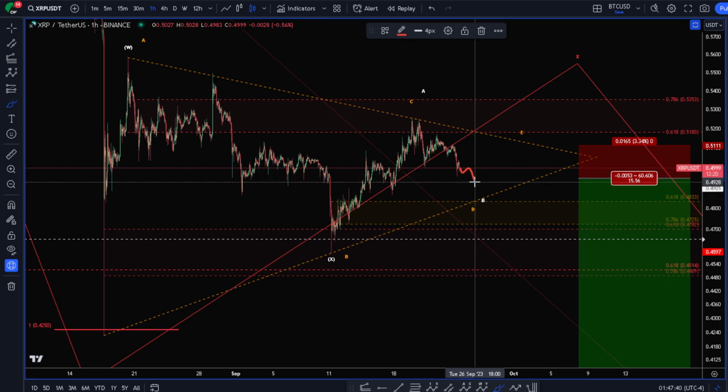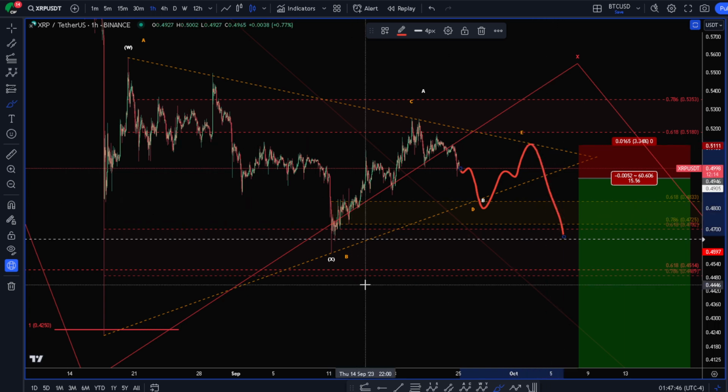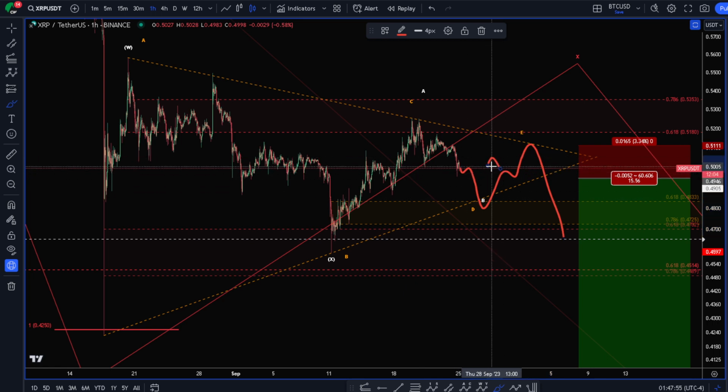Expect us to come down here right into that zone, come back up in 3, before collapsing to the downside. Now, the way my plan to enter this trade is to wait for the E wave to fill out, find out if this ends up being an ABC zigzag, 5-3-5.